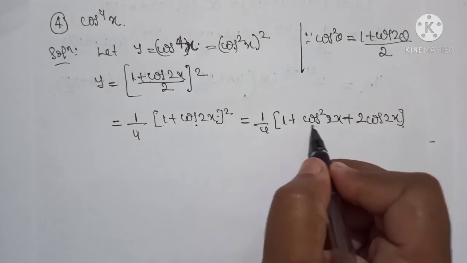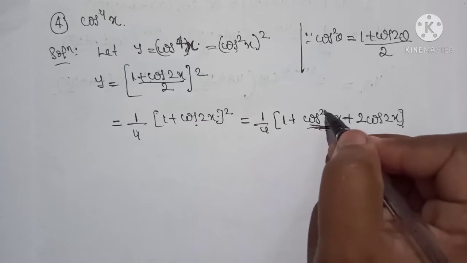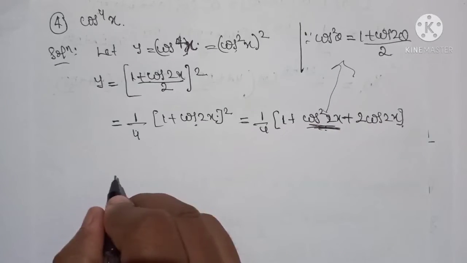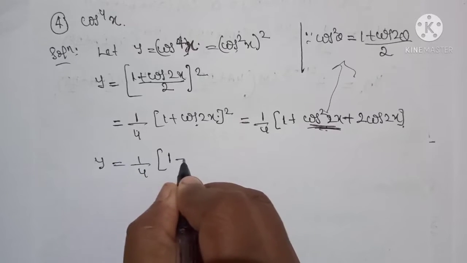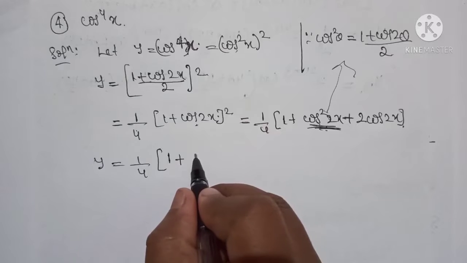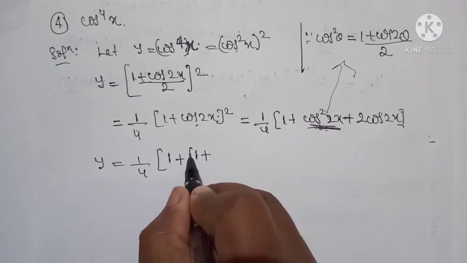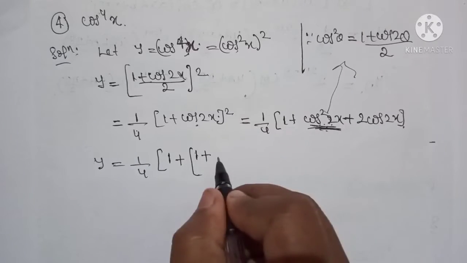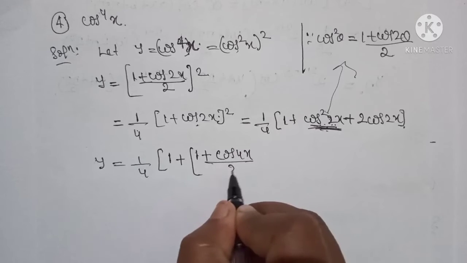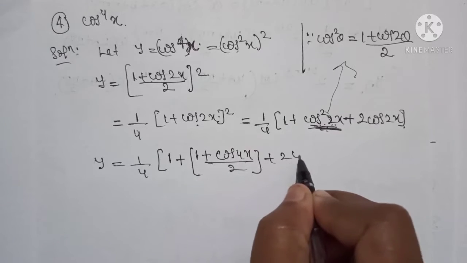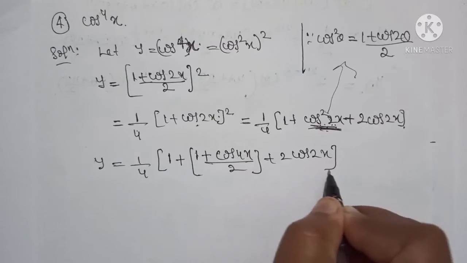Further, we again apply the same formula for cos square, and we get y equals 1 by 4 times 1 as it is, plus 1 plus cos 4x divided by 2, plus 2 cos 2x.